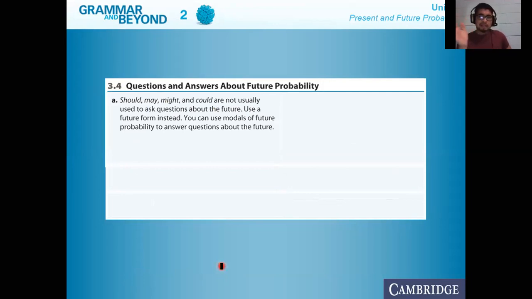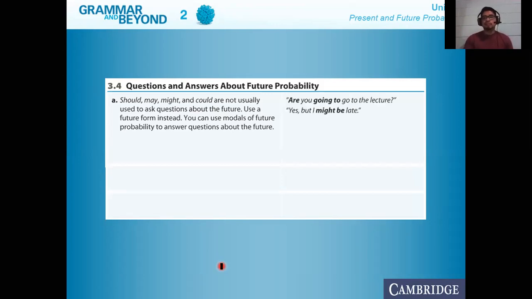Try to make a sentence using should, may, or might to ask something about the future. Not possible, right? You cannot say, should the planet change in the following years? No, because in that case, we're asking for a recommendation, right? An opinion, but not about the future. So we're going to always use will or going to.